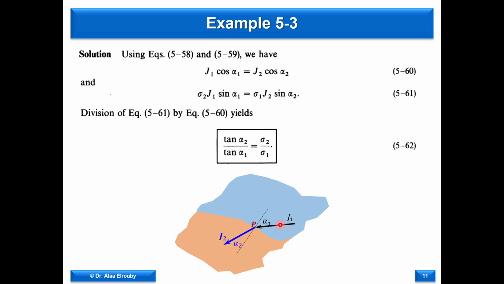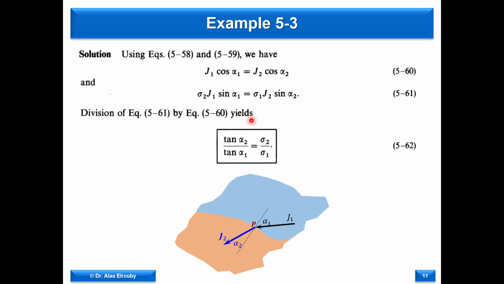So J normal is J1 cosine alpha 1 equals J2 cosine alpha 2. So J1 and alpha 1 are known, J2 and alpha 2 are unknowns. Number two, E tangential 1, which is J1 over sigma 1 multiplied by sine alpha 1, equals E tangential 2. When we write the two of them and do the cross multiplication, we get this equation.